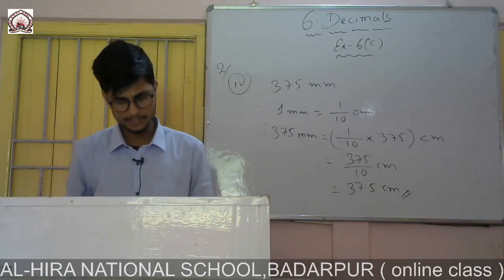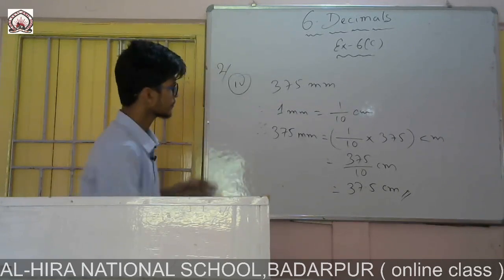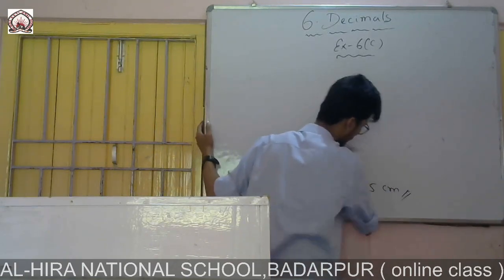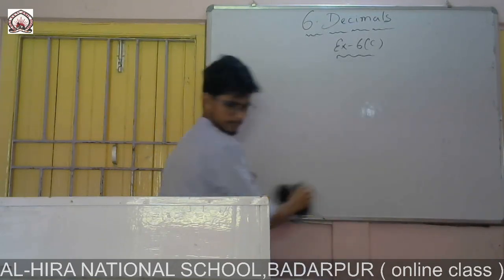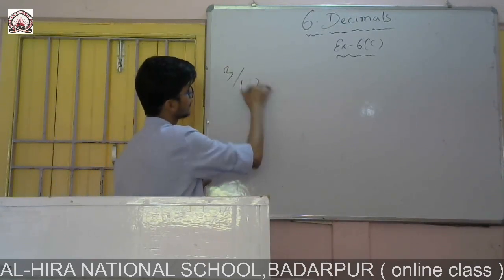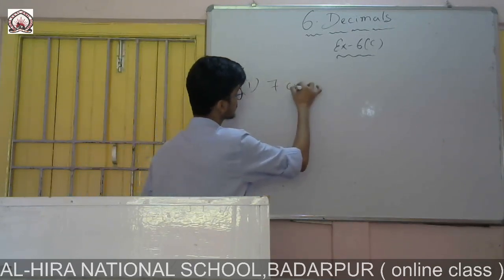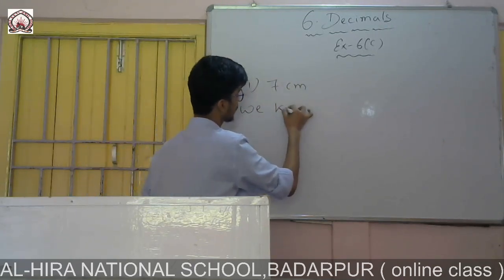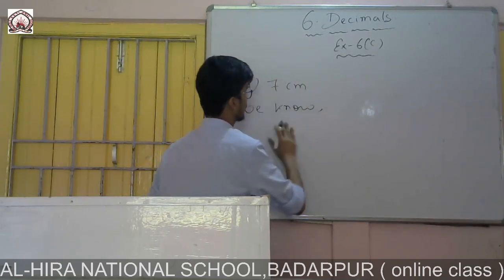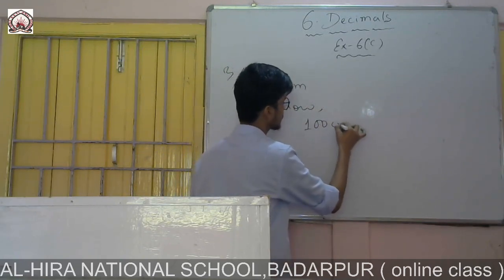Now question number 3: express as meter using decimal. So you have to convert from centimeter into meter. Roman number 1 is 7 centimeter. We know 100 centimeter is equal to 1 meter.